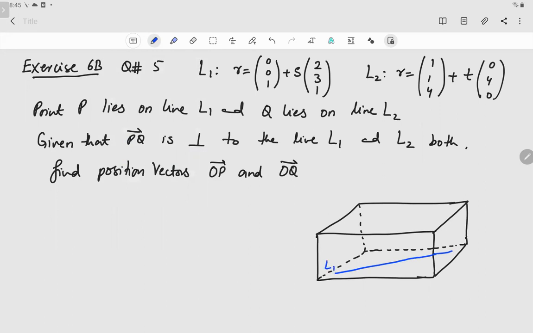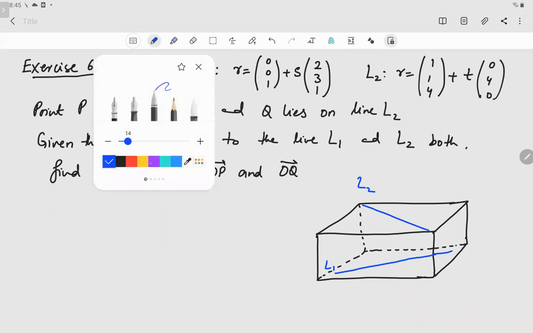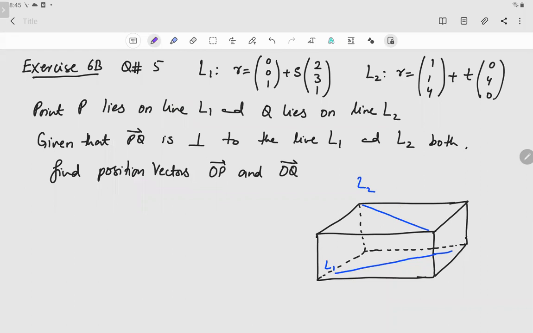This is line L1 which lies on the floor of this room. And line L2 lies in the ceiling, and P and Q are the two points which are right in front of each other.